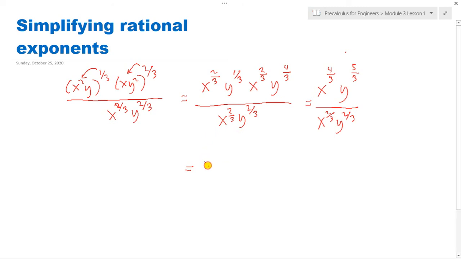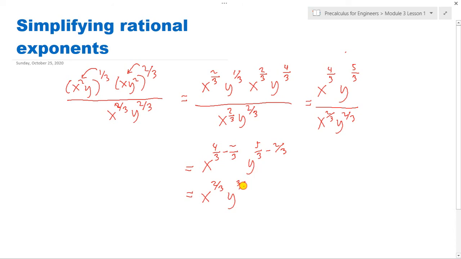So we have here x raised to 4/3 minus 2/3, then y raised to 5/3 minus 2/3. So what's left? We have 4/3 minus 2/3 is 2/3. So we have x raised to 2/3, y raised to 5 minus 2 is 3. So 3 over 3 is equals to 1.